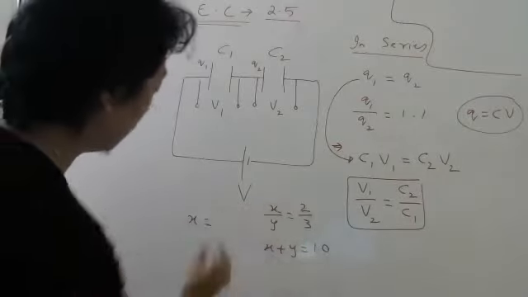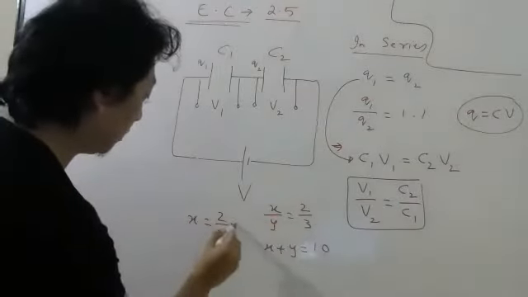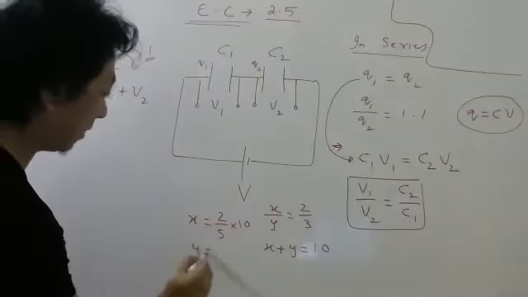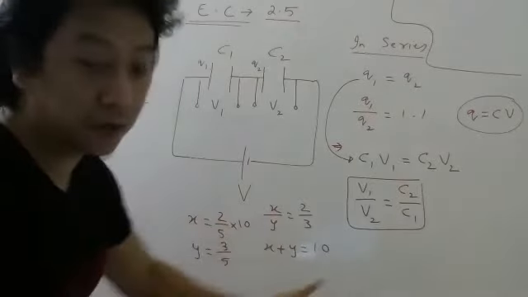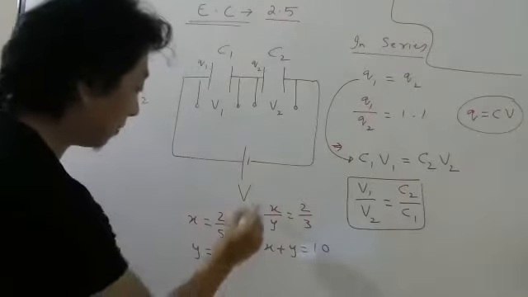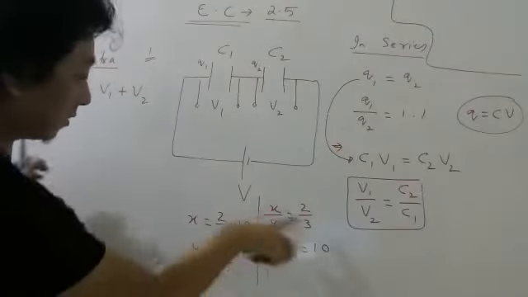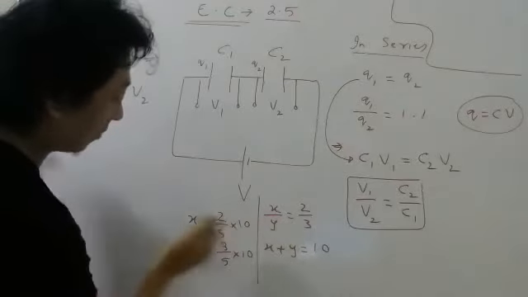Directly, 2 fifth, that is the total of these two, into the sum, which is 10. So this will be your X, and Y will be 3/5 of total, which is 10. So try to remember this concept. It is very, very useful to do questions faster. So if you know ratio and sum, this is how you can find X and Y.